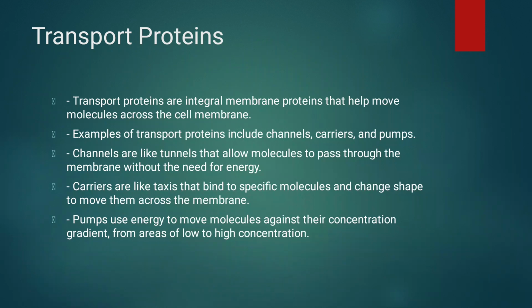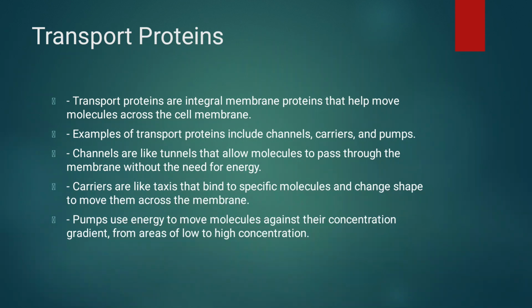Then transport proteins. These transport proteins are integral membrane proteins, which help the molecules to move across the cell membrane. Some examples of transport proteins are channels, carriers, and pumps. Channels are like tunnels that allow molecules to pass through the membrane without the need for energy.